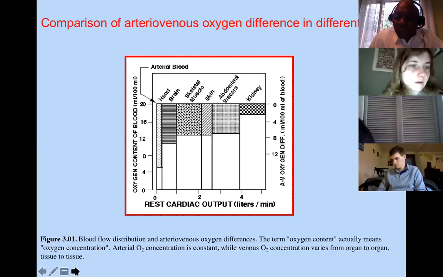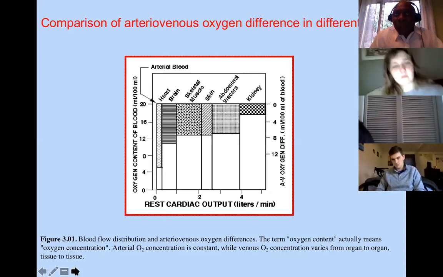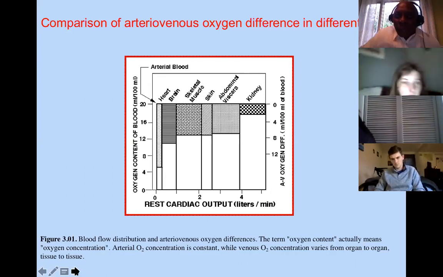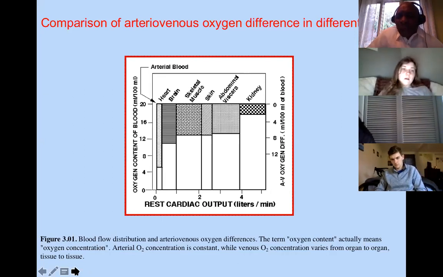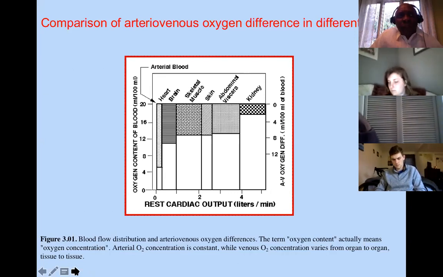So, in other words, the heart is like a family that does not have a lot of income, a family that's almost living hand to mouth. Their savings in the bank is very little.